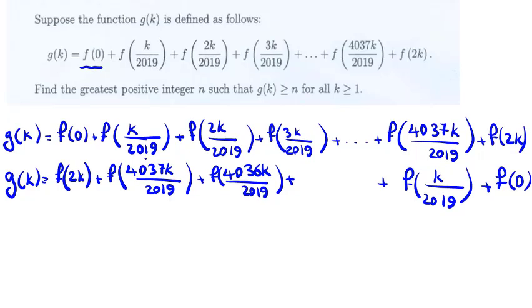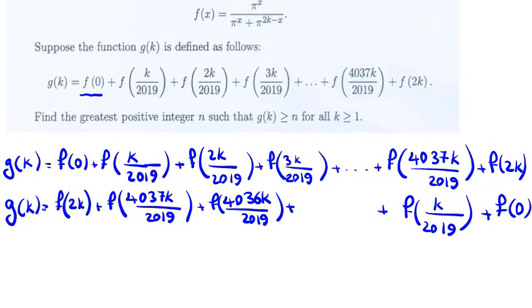Now, as you can see, if I consider the fraction m, I can easily see that this plus this will be 1, over 2019.